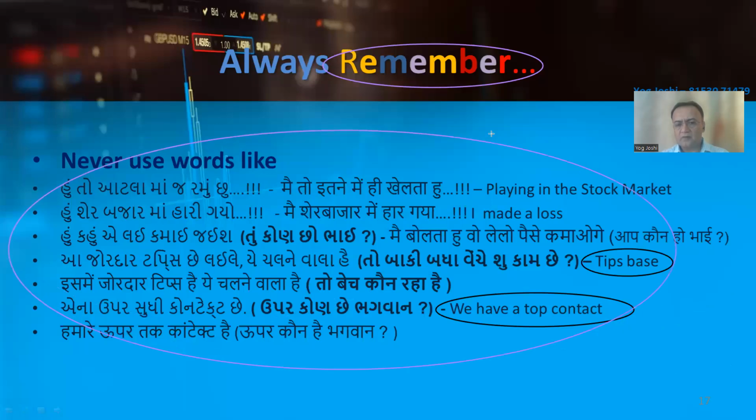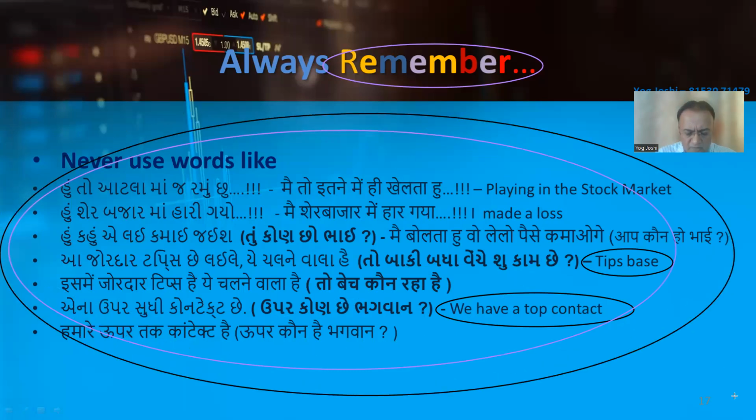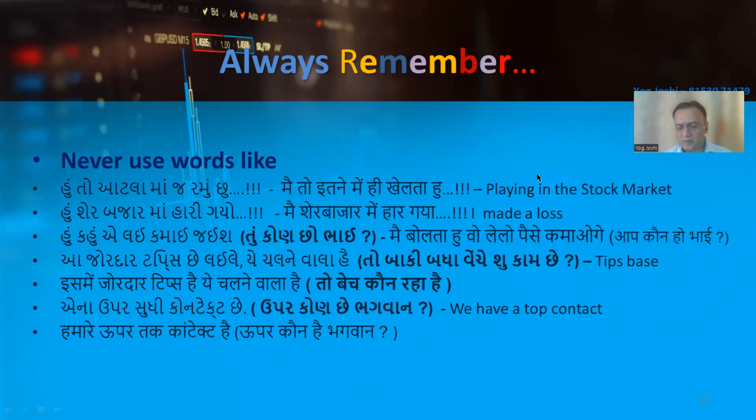Some people say that I am playing in the stock market with 50k rupees or 1 lakh rupees, or that I am the tip provider. You first follow me, I am giving you 3 to 4 calls, and then you trust me. Then you will come to know that the person actually made a loss in the stock market. All these things are the negative ones. Keep yourself away from this type of person.